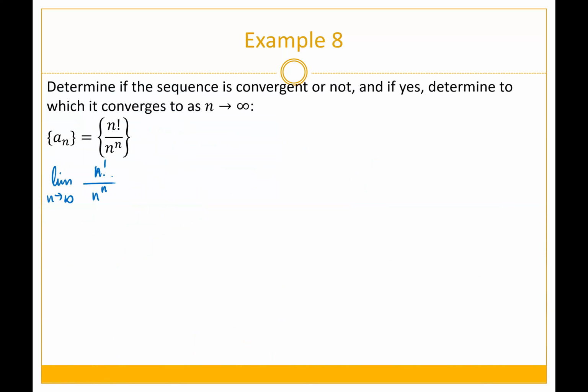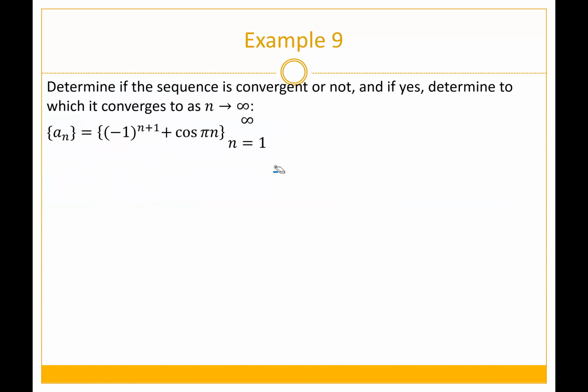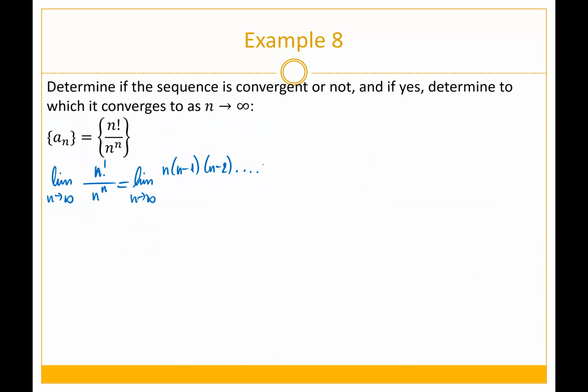But if you understand the definition of factorial, then you're going to be in good shape. When you have n factorial and n to the n, it's very abstract. So I'm going to write out exactly what a factorial is: n, multiply n minus 1, multiply n minus 2, multiply until you have 1, divided by n, multiply n, multiply n, until you have n.